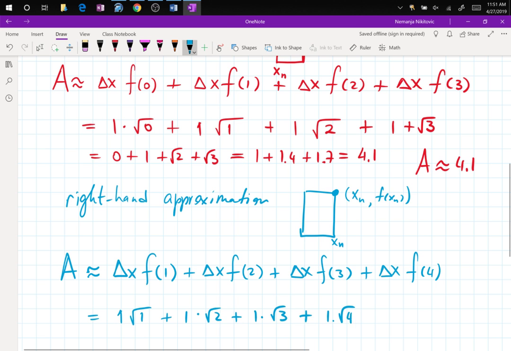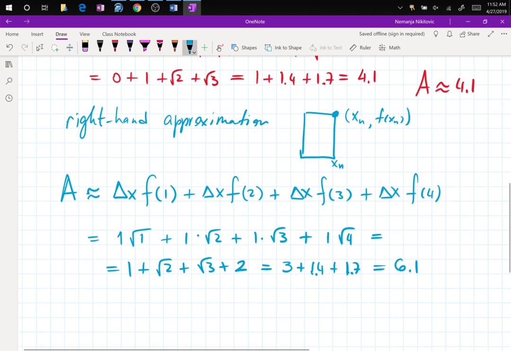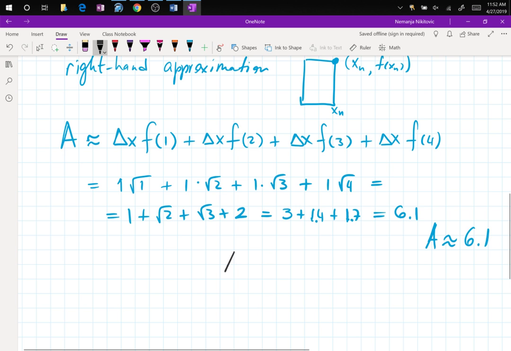So whatever your function is, that's what you're going to use. 1 plus root 2 plus root 3 plus 2, which is 3 plus 1.4 plus 1.7. And this is 6.1. So area is approximated to 6.1. And we know that the true area is somewhere in between 4.1 and 6.1.